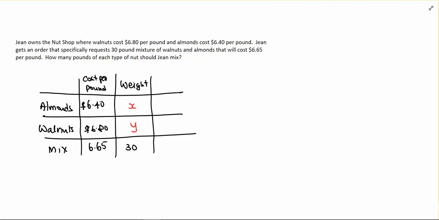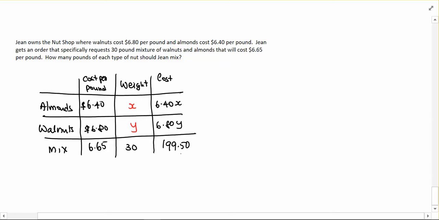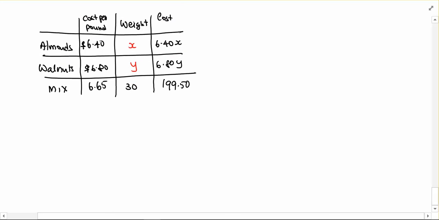And so the cost for each part is going to be 6.40x and 6.80y. And over here, it's going to be 6.65 times 30, which is going to be 199.50. So again, we need two equations.